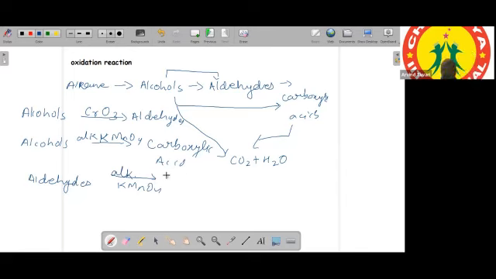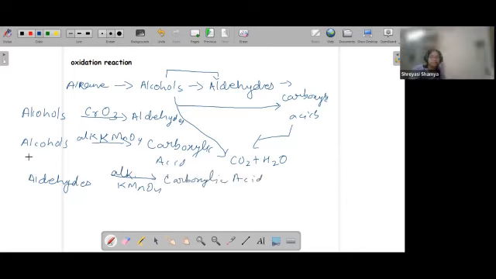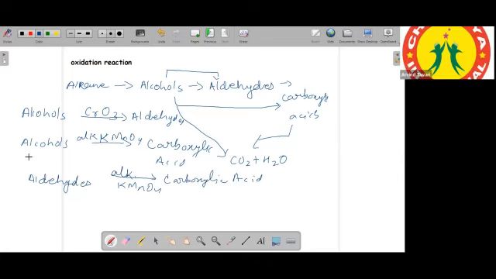So, understood the conversions? Yes, sir. Conversion from alcohol to aldehyde, conversion from alcohol to carboxylic acid, and conversion from aldehyde to carboxylic acid.